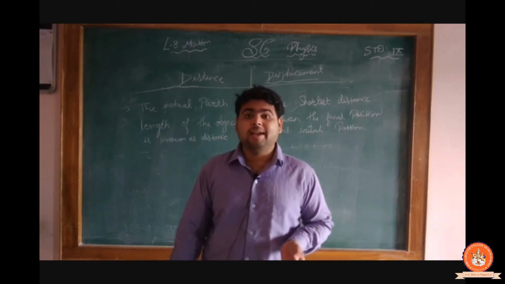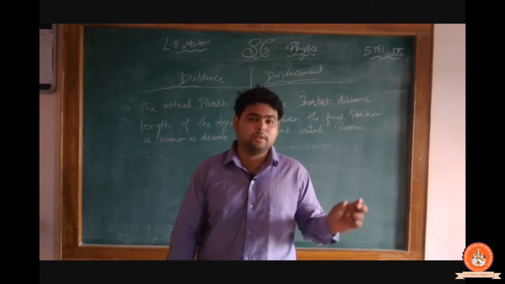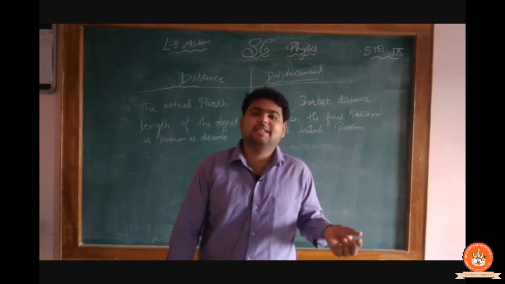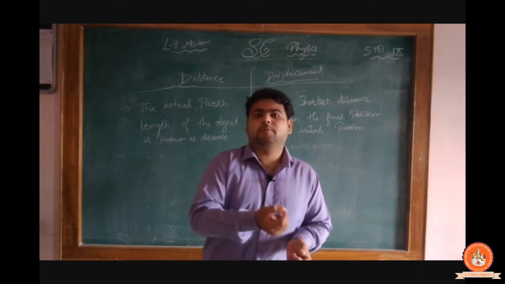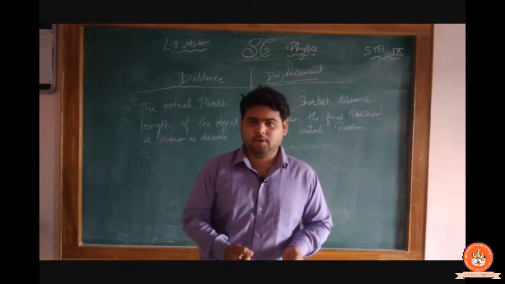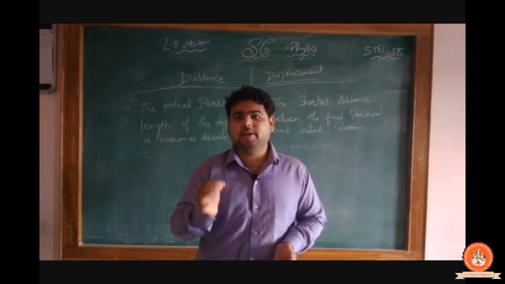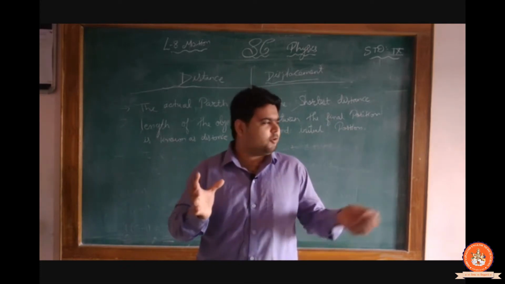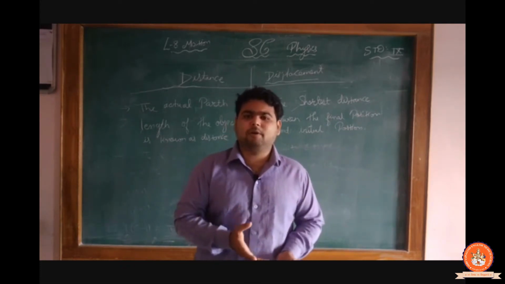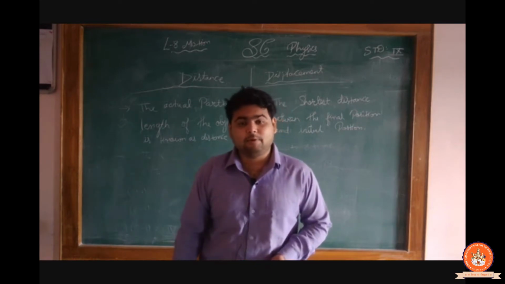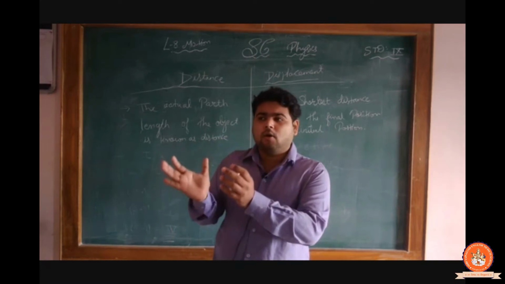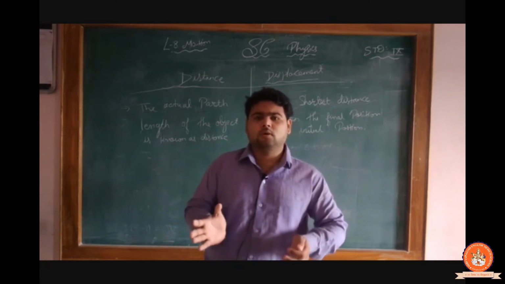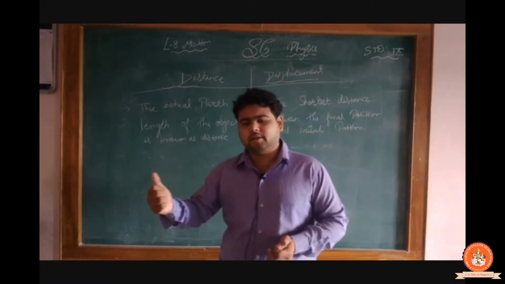A point means it specifies a particular place. The reference point we can call the origin, from where the object is going to start its motion. Clear? So we must have a specific point. Let's take the example of the address of a school.